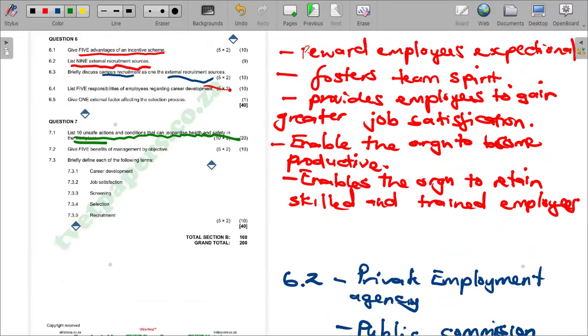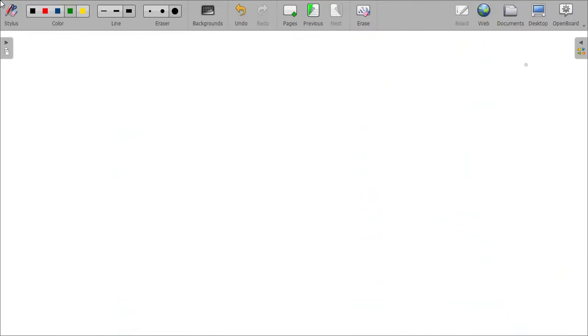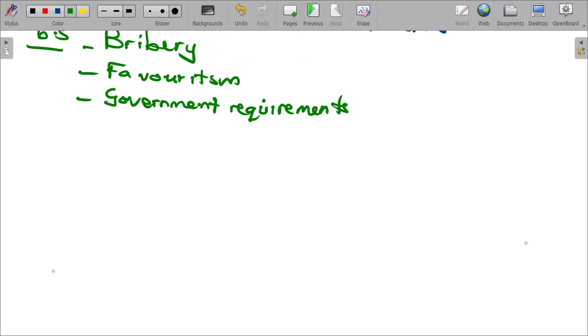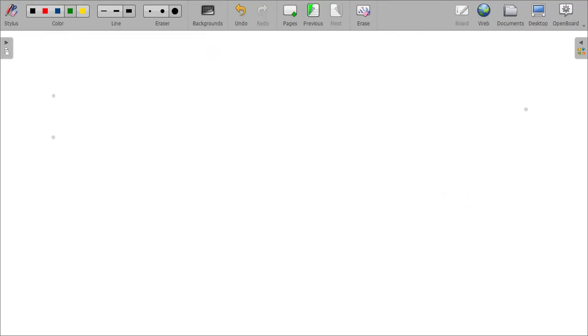So we're going to discuss conditions that might jeopardize safety. Question 7. It might be due to failure to comply with the regulations.